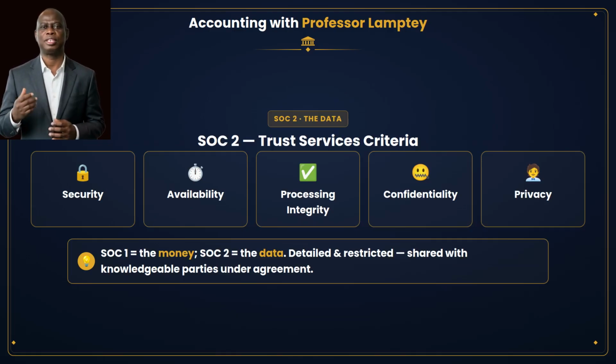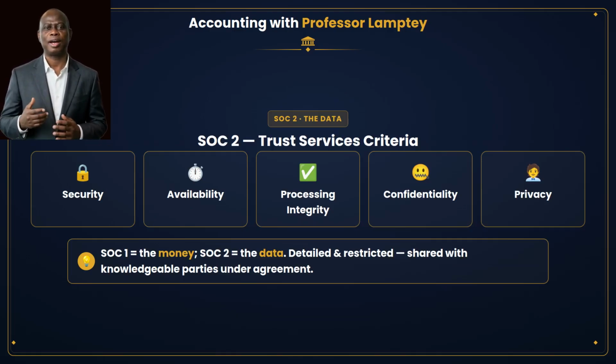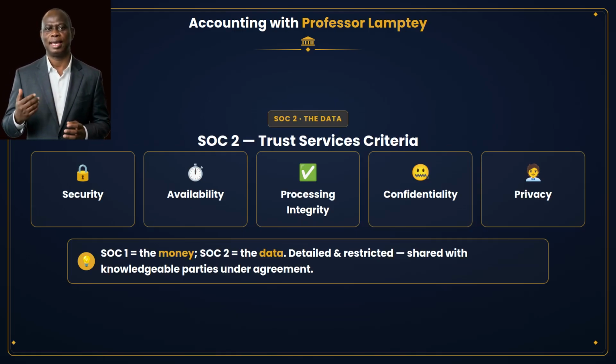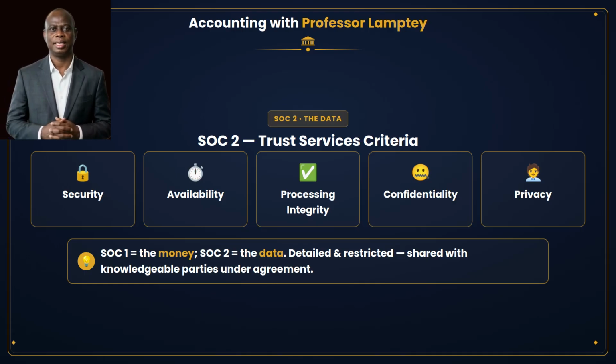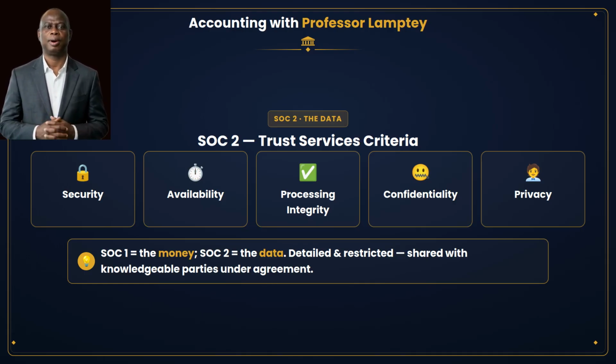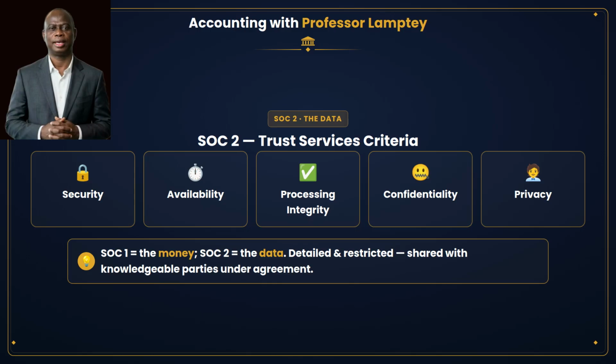SOC 2 answers a different question. Are the provider's controls over security and data solid? A SOC 2 report covers controls relevant to the 5 trust services criteria, and you already know these from our privacy video: security, availability, processing integrity, confidentiality, and privacy. So SOC 1 is about the money, financial reporting.